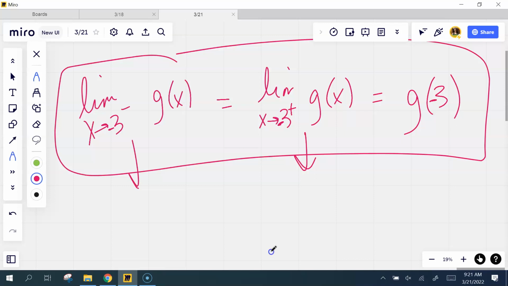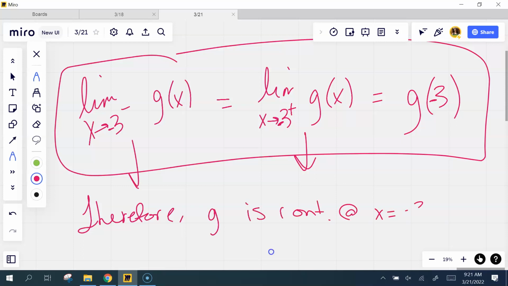And the answer here is therefore: g is continuous at x equals negative 3, because the limit as I approach from the left equals the limit. This was a straight definition problem. That's all this was. This was a 2 point. One was the one-sided limit, and one was saying that you had to say the limits with both.